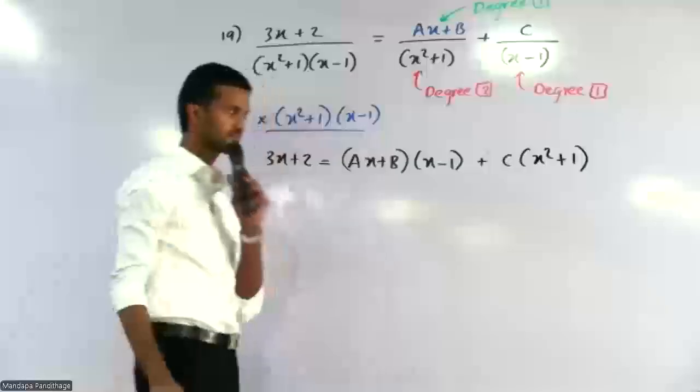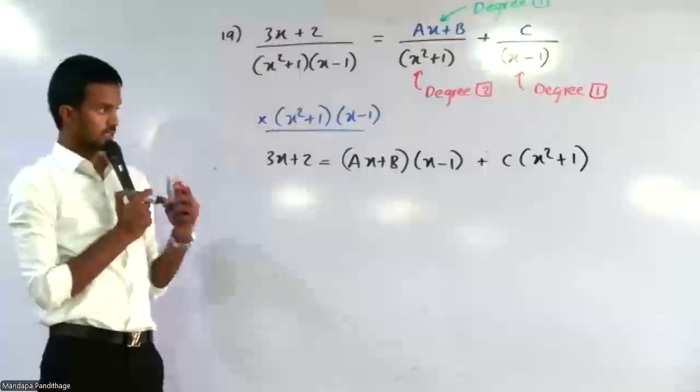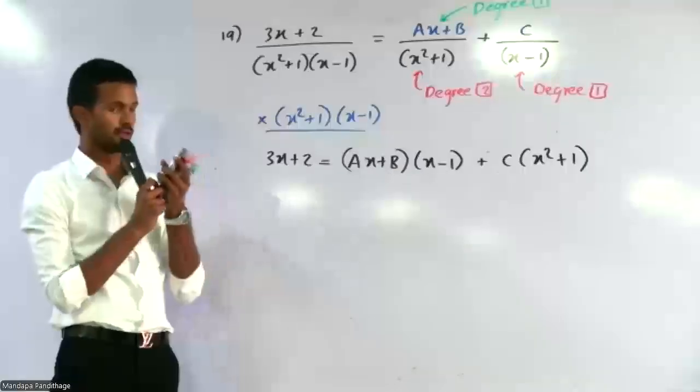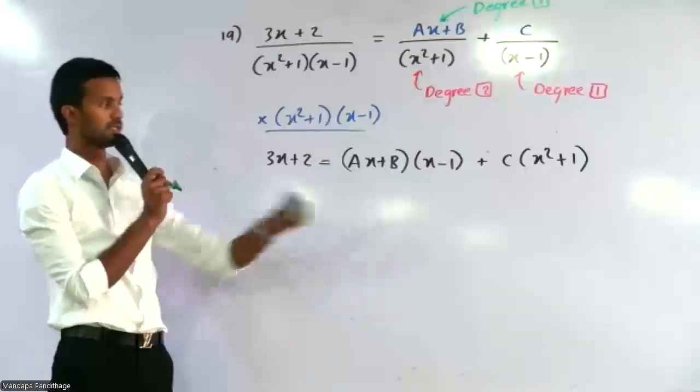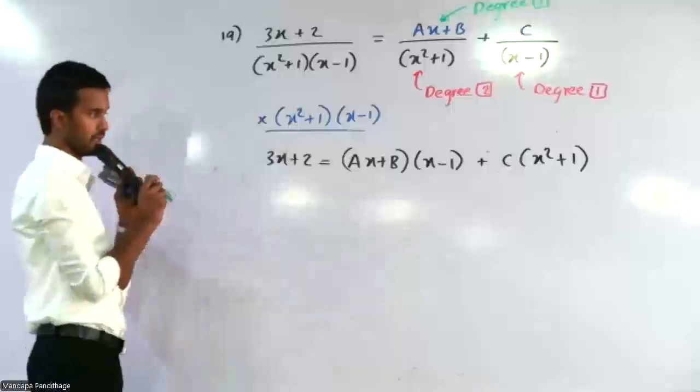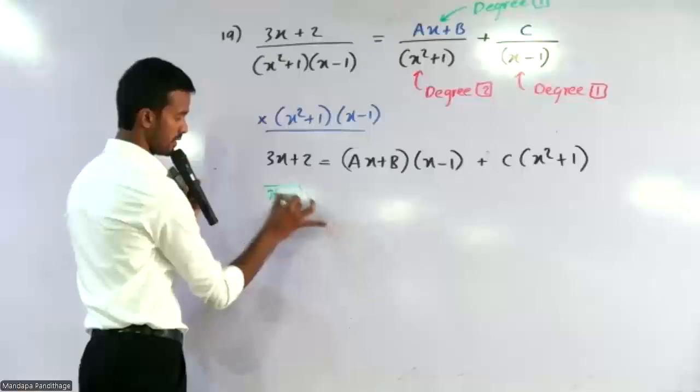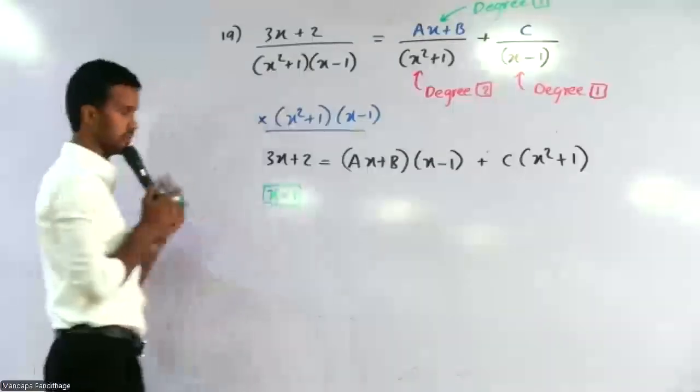Now look at this. What can we do here when talking about simply substituting values? You can substitute x equals 1 because when you substitute x equals 1, this becomes 0.